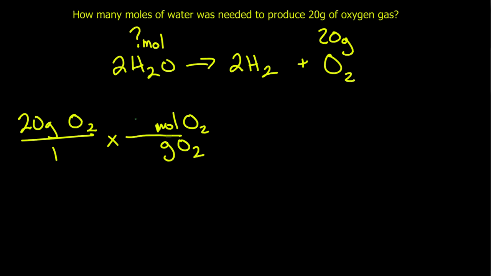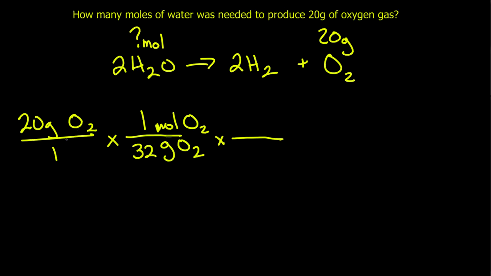So how many grams are in 1 mole of oxygen? Well, elemental oxygen is 16 grams. There's 2 of them, so that's going to be 32 grams. Now, if you want to stop at that point and do that mole conversion, you can. Or you can continue to link your dimensional analysis on in one string of an equation, which is what I'm going to do.